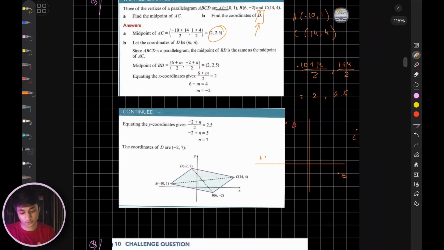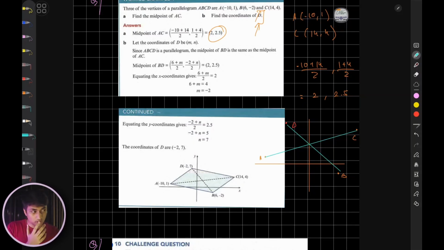Very simple. Notice one thing. If I draw a couple of lines, you're going to be seeing something. So if I join A and C, and if I join D and B, notice one thing.